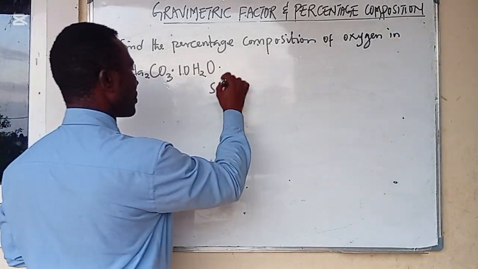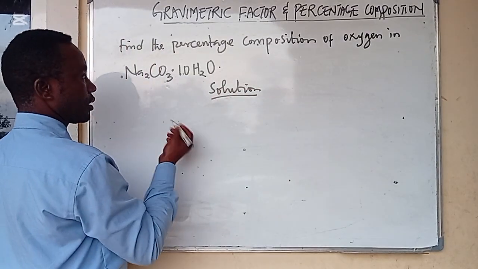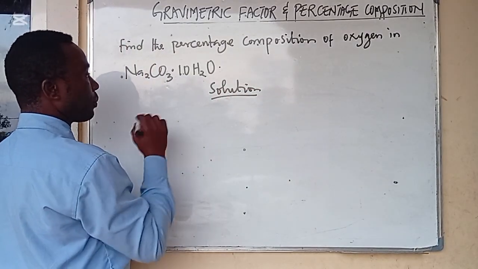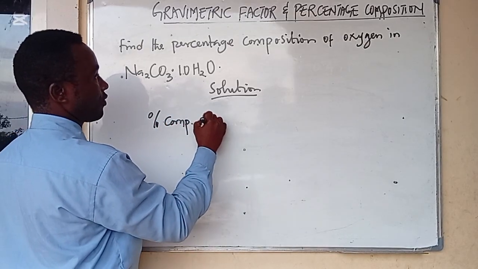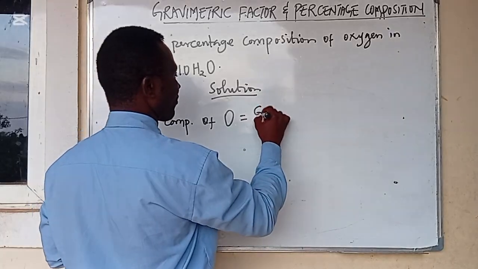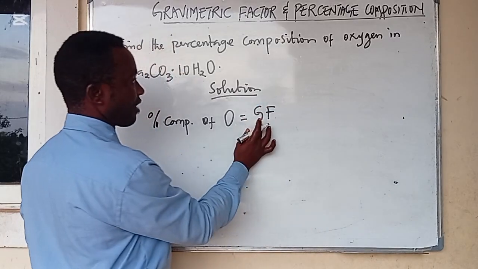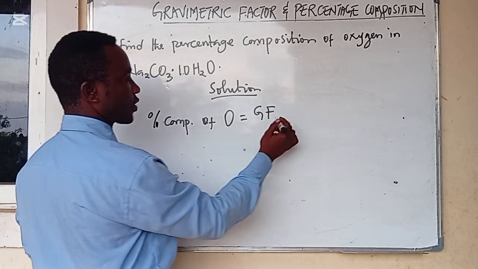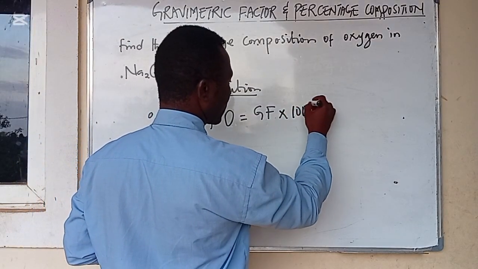As a solution, the percentage composition of oxygen will be equal to the gravimetric factor of oxygen, GF, multiplied by 100%.